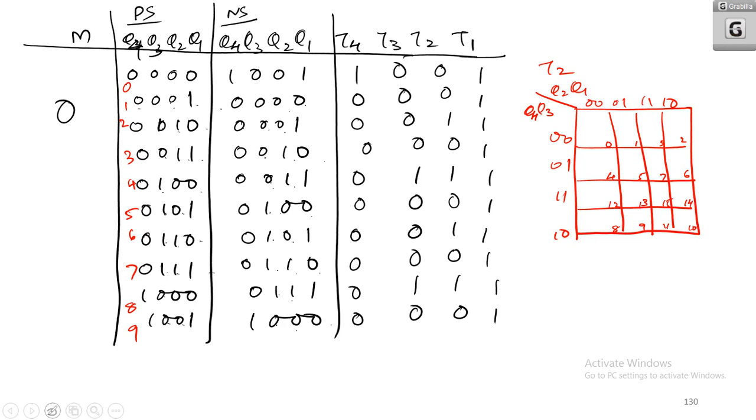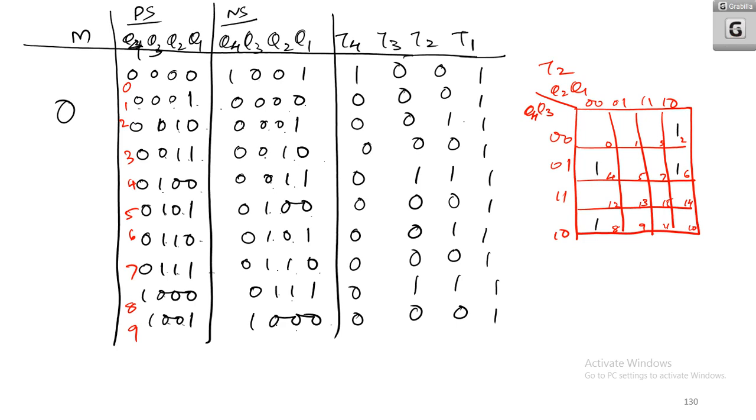Now coming into T2, where all can we get 1? At 2 it is 1, at 4 it is 1, at 6 it is 1, at 8 it is 1.